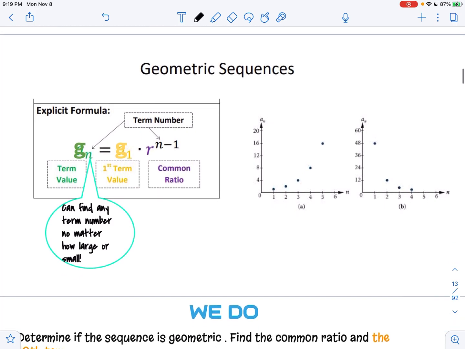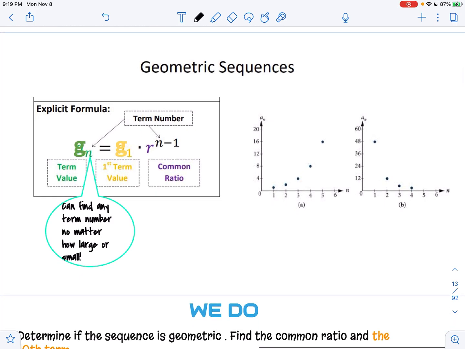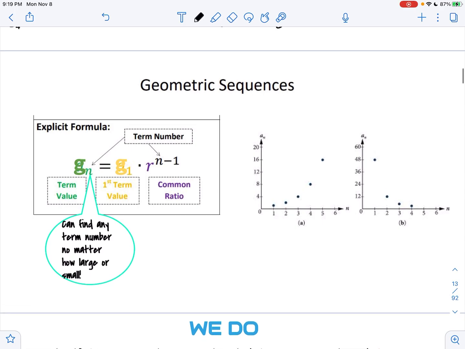Now this next formula is really, really important. A lot of times we don't want to state sequences as a series of numbers. We want to state it as a formula that can tell us essentially what term you need.